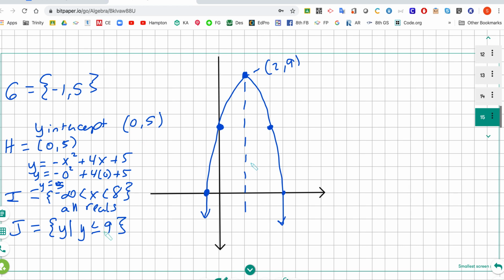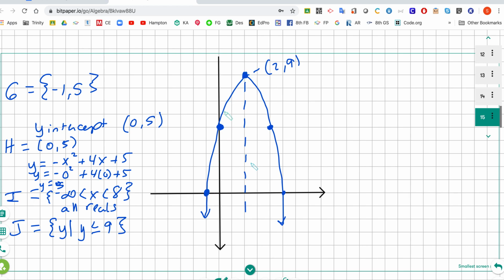Now, how did we find the range on the parabola? Well, the range tells us something about y. And you'll notice that here the value of y is 9. Here the value of y is 5. Here the value of y is 0.